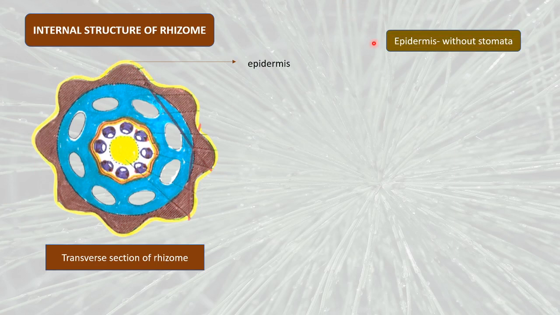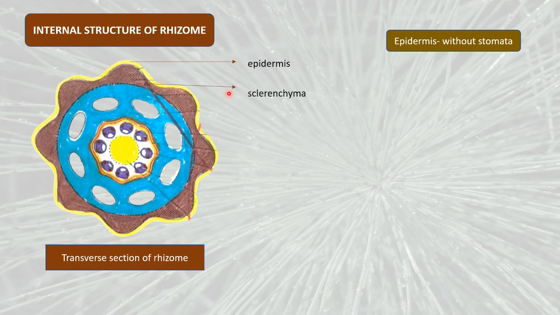Then epidermis is without stomata, right? Since it is a rhizome, it is an underground part. It does not require stomata because underground there is no requirement of stomata for gaseous exchange, right, and for loss of water and all, right? So there is no stomata present here.